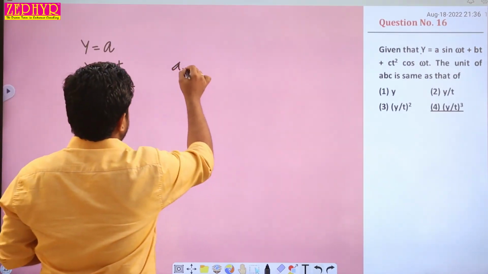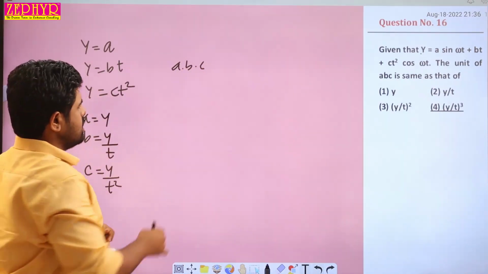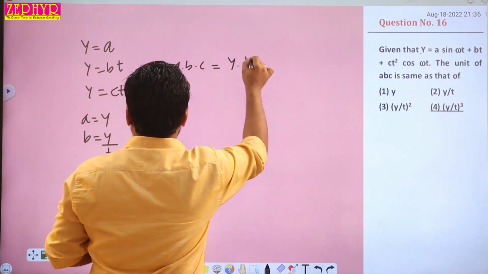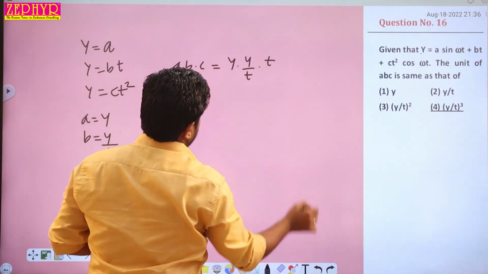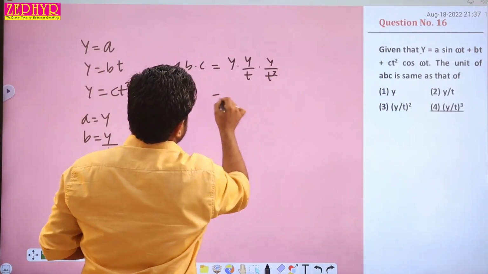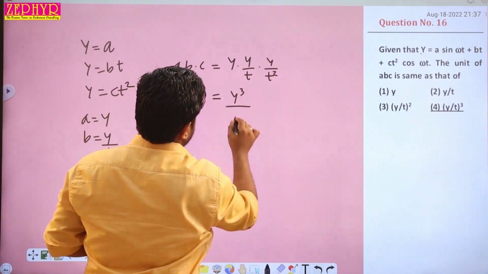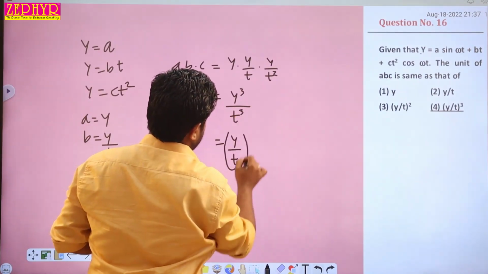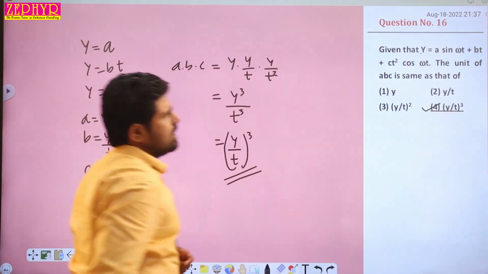So the dimension of the unit of A, B, C is equivalent to y into y by t into y by t square. So it is equal to y into y into y, that is y cube divided by t raised to 3. So that means y divided by t all raised to 3, that is the correct unit. So here option 4 is the correct one.